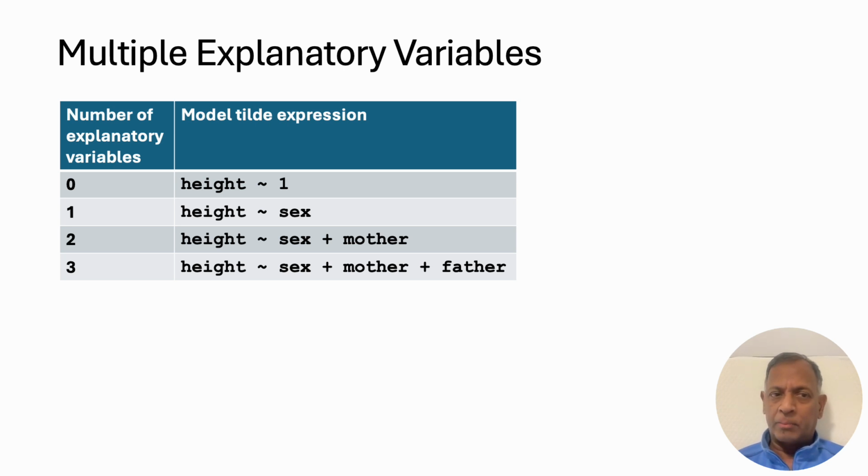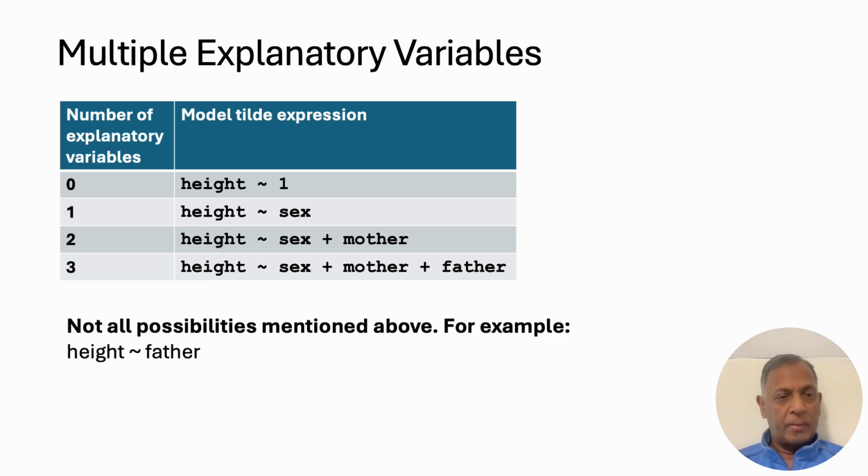So we could have, for example, height explained by sex as well as mother's height, or even height explained by sex plus mother's weight plus father's weight. The model is going to get more and more sophisticated, and of course, as we keep adding more explanatory variables, that will explain more and more of the variability in the response variable.